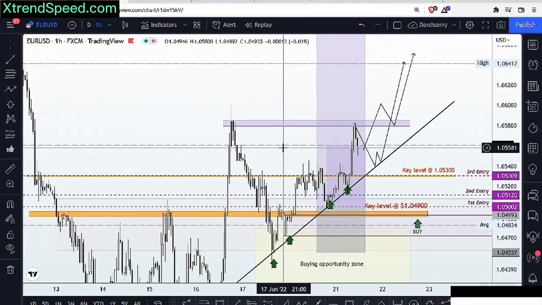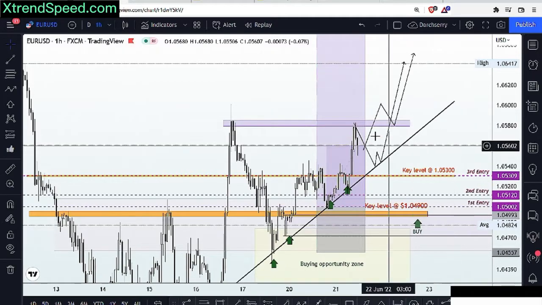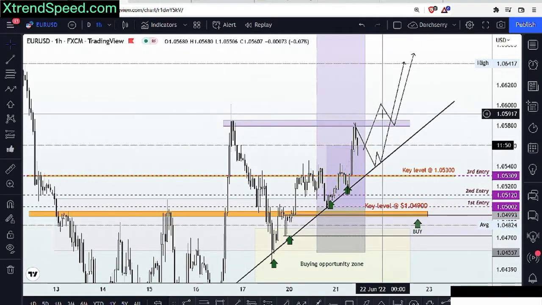I'm either looking for a retest of the key level and the bullish trend line with a reversal pattern on a lower time frame to join the rally to the upside, or, if we do have a breakout of the 1.05800 area, a retest of this area to join the rally to the upside.